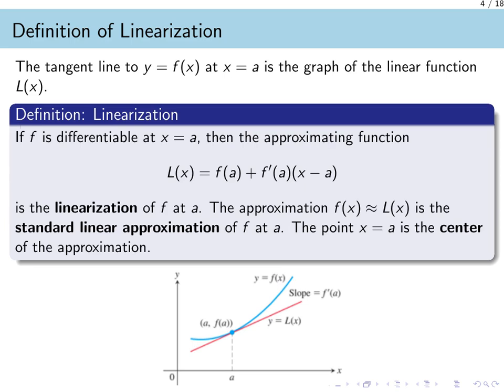This means we start at the known point on the curve and then follow its slope for a short distance. For example, if you zoom in far enough on any smooth curve, it starts to look like a straight line, and that line is its linearization. The key takeaway is that near the center point, the value of the linearization L of x gives a very good, and much simpler, estimate for the actual value of f of x.